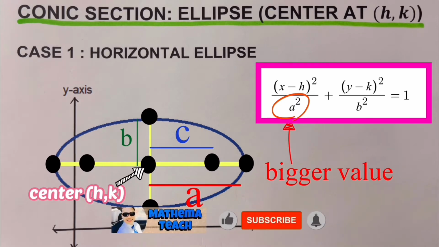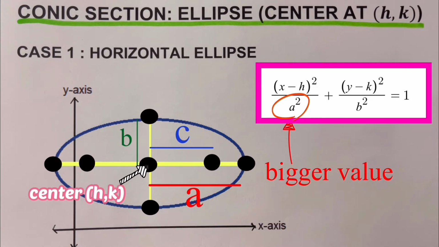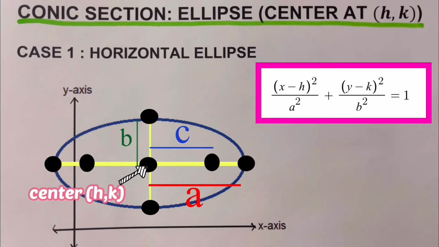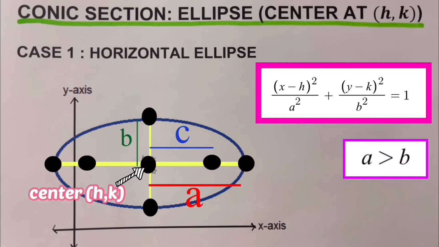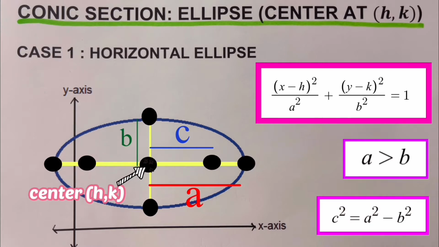The reason is that it is a horizontal ellipse. Horizontal means left and right, so the a will be under the x. The value of a is always greater than b, and the equation that relates a, b, and c is c² = a² − b².